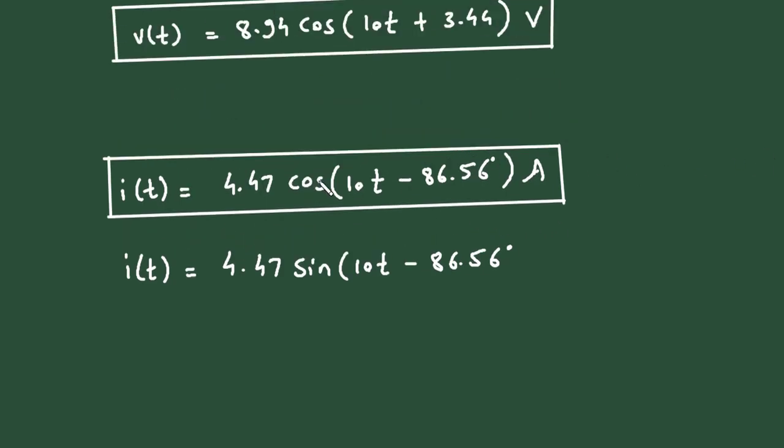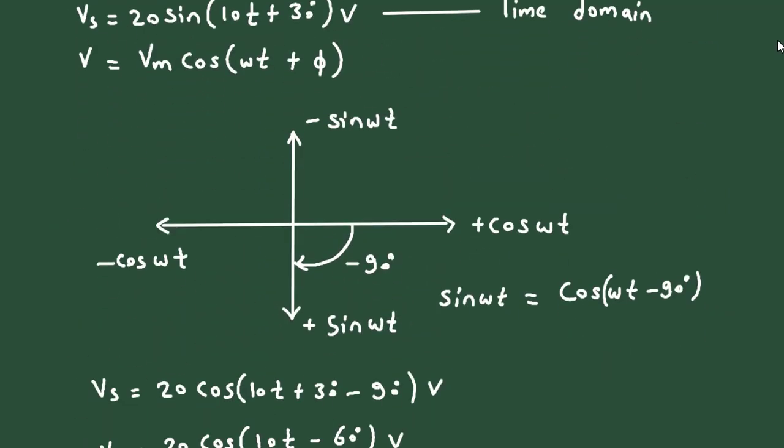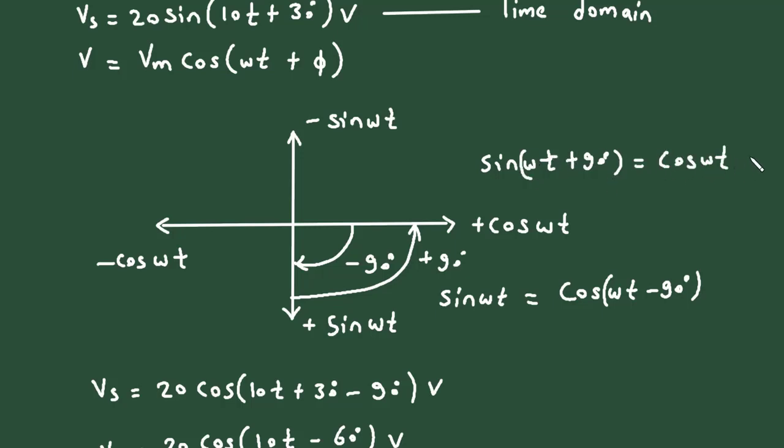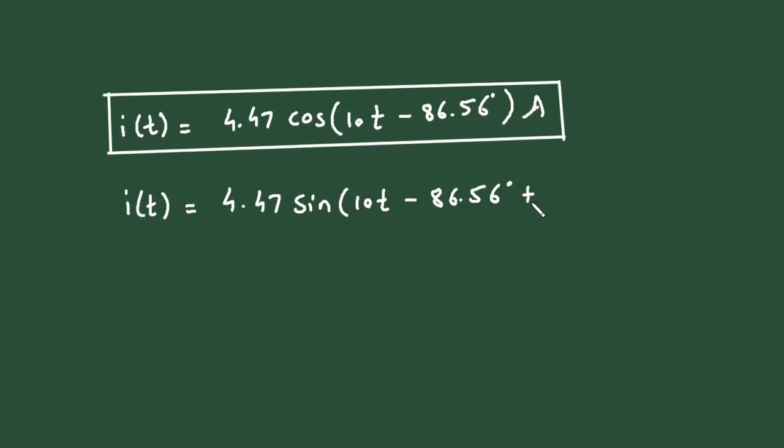Now here we have to convert cos to sine. So again here we can see from this graph we have to convert this cos to sine. So that means we are going from here to here like this. So we have to add 90 degree. So the formula will be something like this: sine omega t plus 90 degree is equal to cos omega t. So here we have to add 90 degree to it.